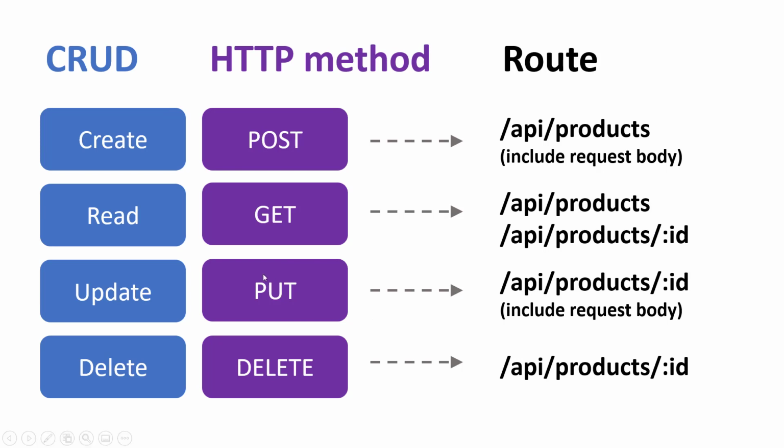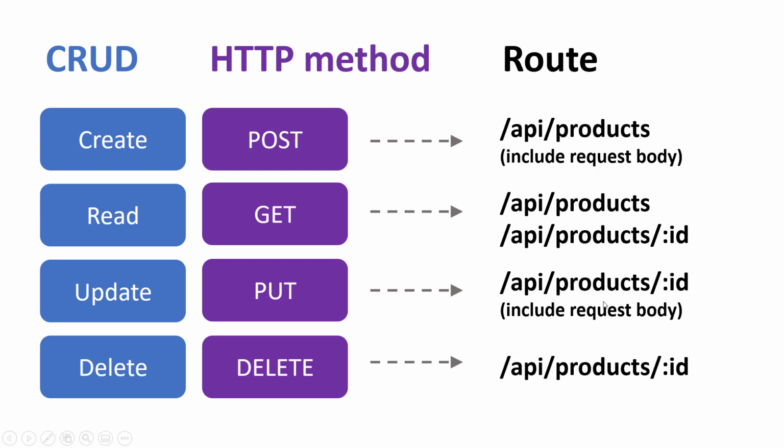Next one is update, and we'll be using the HTTP method PUT, and it looks a bit like the GET, in that we also specify the ID, but the difference here is that we also include the request body. So as with the create, we also include the body, the data that we want to be updated in the database.